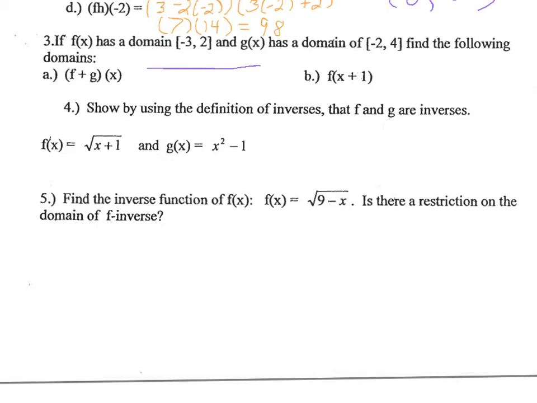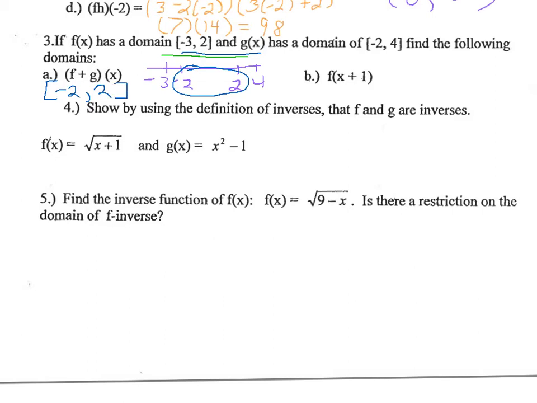So if we have one domain between negative 3 and 2, and another domain between negative 2 and 4, we can see that the domains overlap between negative 2 and 2. So that would be the domain of my combination function.